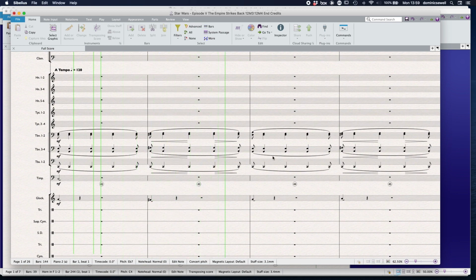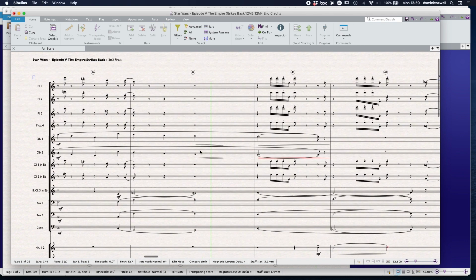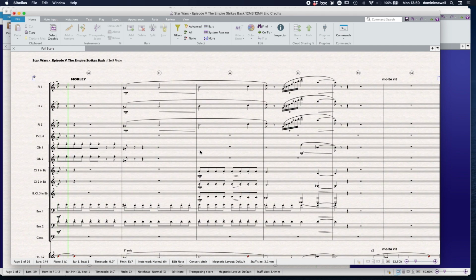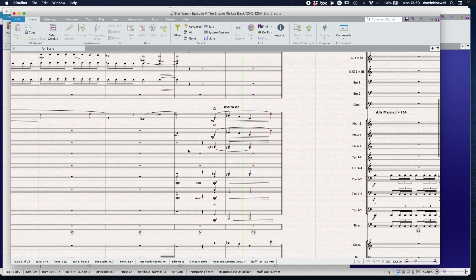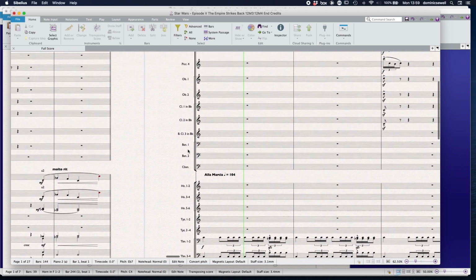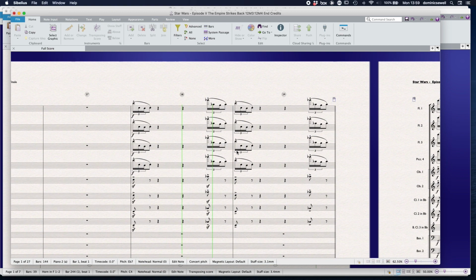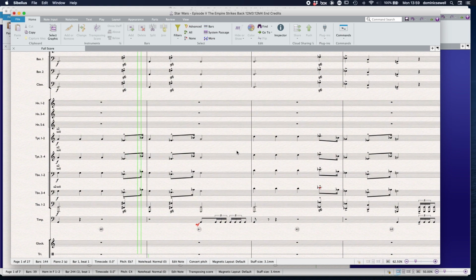That's Lydian harmony. Harmony in the trombones. Brilliant chord. A little bit of Morley here. A little insert. Back to Vader's theme. And G minor.